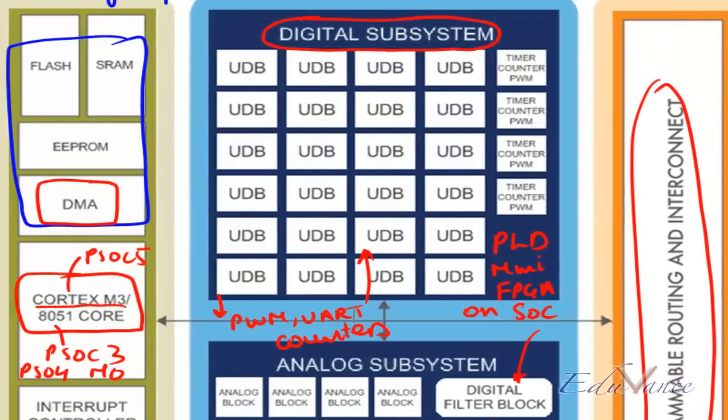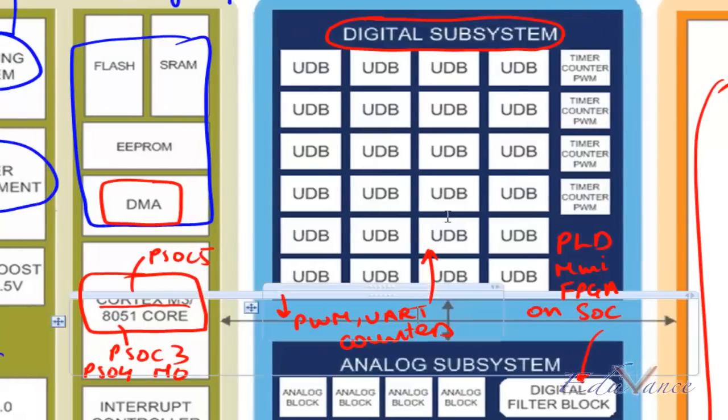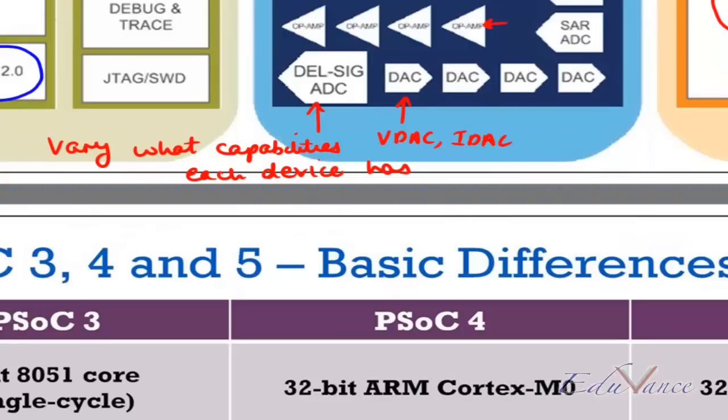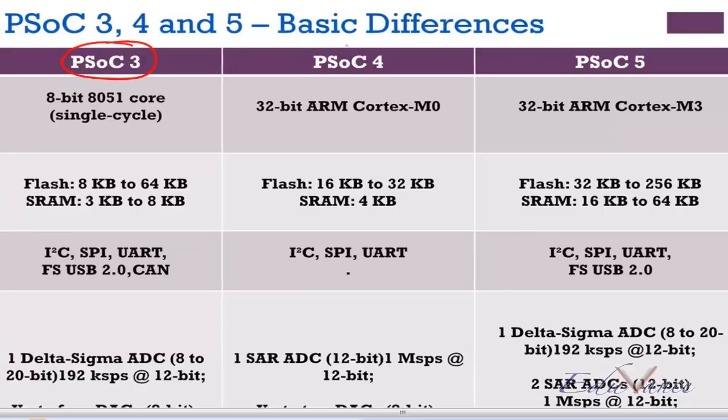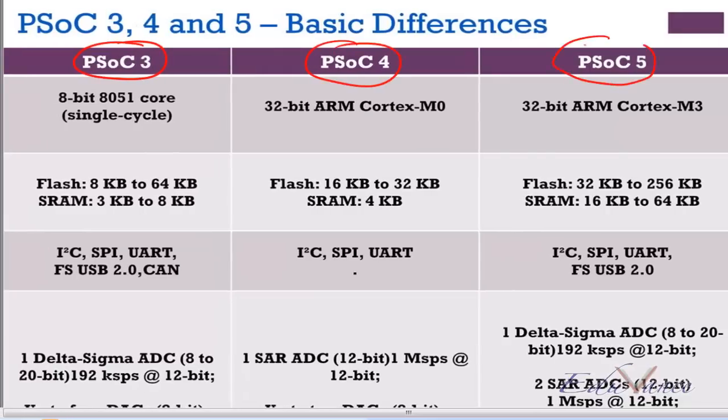So that said, let's look at the three different families of PSoC devices. So typically there are three devices: PSoC 3, PSoC 4, and PSoC 5. As part of this training program, we will look at the PSoC 4 device.